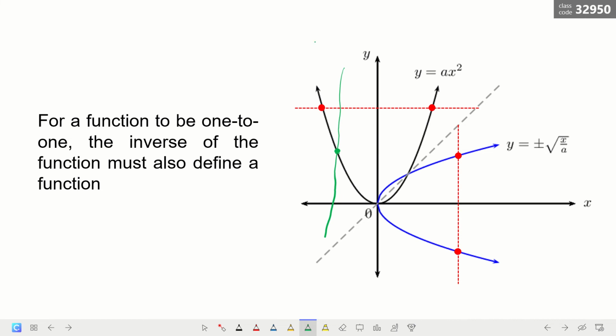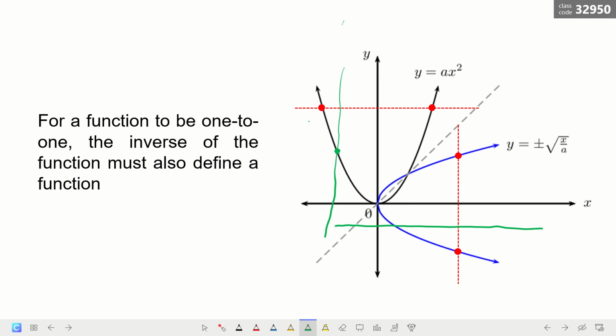So, yung horizontal line test naman, if we perform a horizontal line test in our second graph, itong sa color blue, makikita natin na itong inverse function natin, itong color blue, is a function.